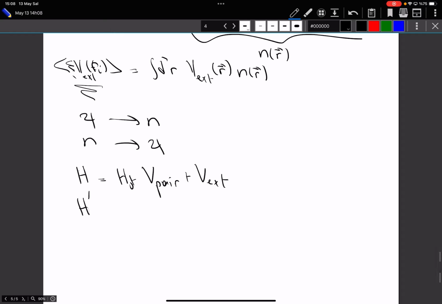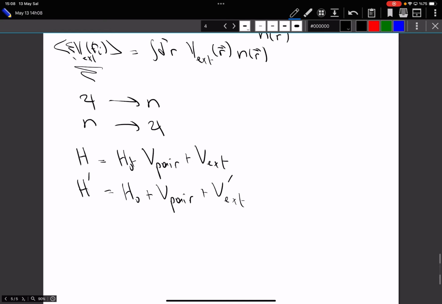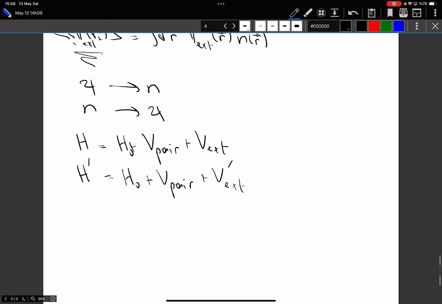Let me say that I have another Hamiltonian, given by some different external potential. Now, the reasoning will follow this one. If I know the external potential, well, let me take one step back. I'm looking at electrons. Those electrons can be, I don't know, in my keychain or in this marker.